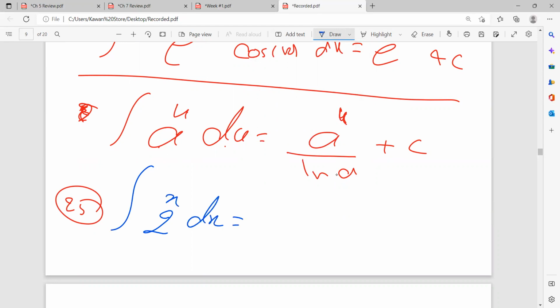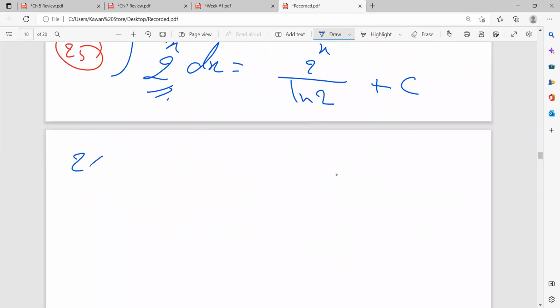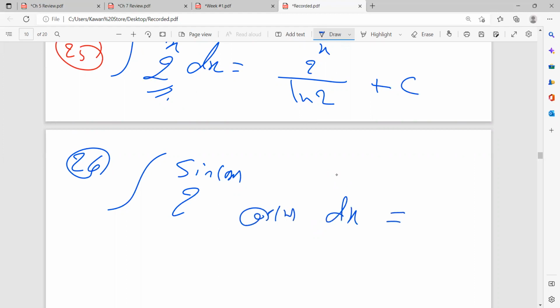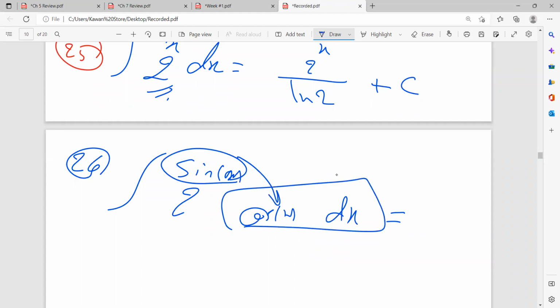It is equal to itself plus c, and because I have 2, I say ln of 2. And how about 2 to power sine of x, cosine of x dx? In that case, because I have the derivative of here, hat d hat, it is equal to itself over ln of 2 plus c.